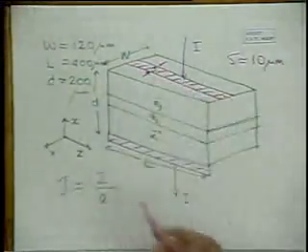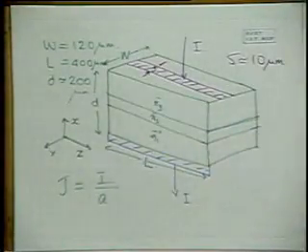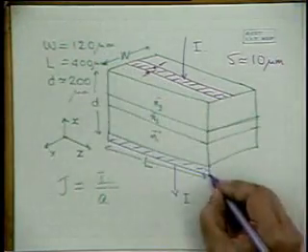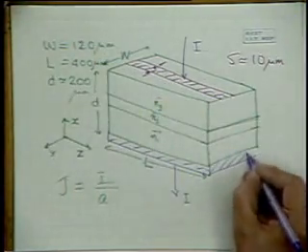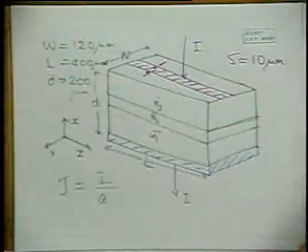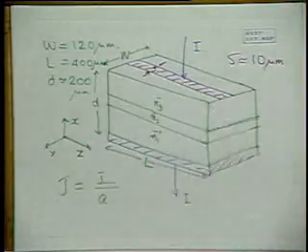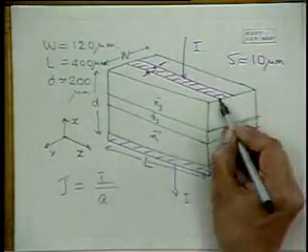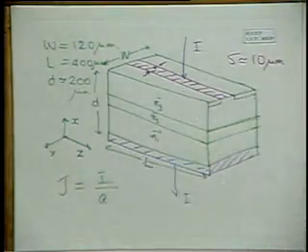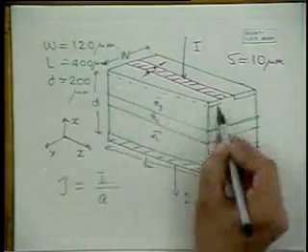So the current only passes through this region. I'll talk about how it's achieved later on, the technology of making stripe geometry lasers, but you can quite understand that it is done by some masking and photolithography steps. Suppose you have an oxide here.